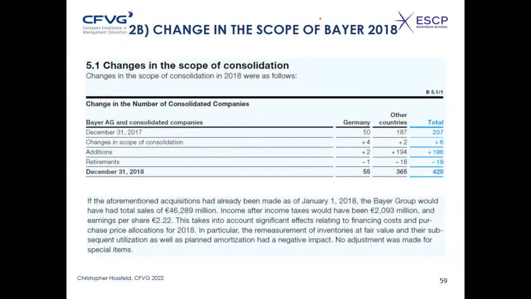It's of Bayer, German chemicals company. And you see here the changes in the number of consolidated companies. And you see that in 2018, there was a big increase here. 194 companies acquired in addition.